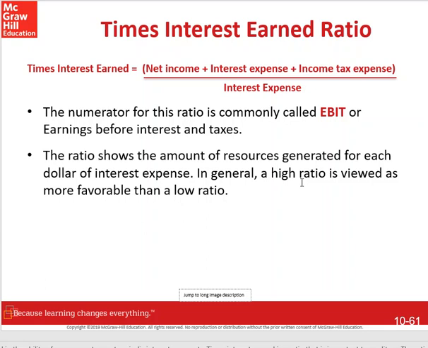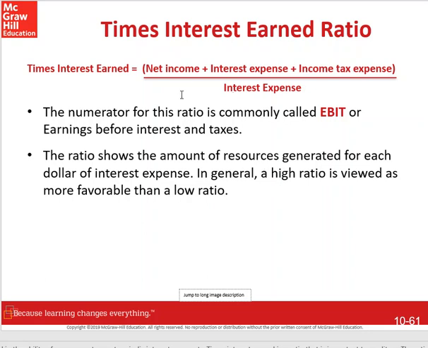So in general, not always, a high ratio is viewed as more favorable than a low ratio. So we want to be able to show that we're generating adequate amount of earnings relative to the amount of interest expense that we have. The one thing I would say is that they're saying a high ratio is viewed as more favorable than a low ratio. I say it's viewed as being more safe.